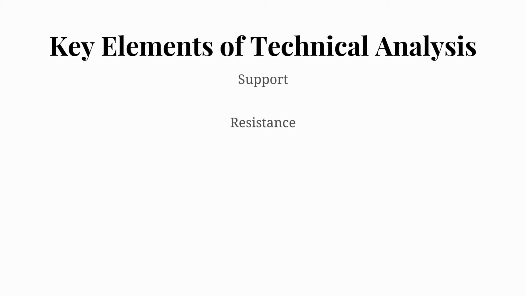We can talk about how a stock price is at a support level or how it bounced off the support level. But we'll go into more detail and different examples. And let's talk about trend lines. Trend lines are important because the support and resistance levels can either be horizontal on your chart or they can follow the stock.